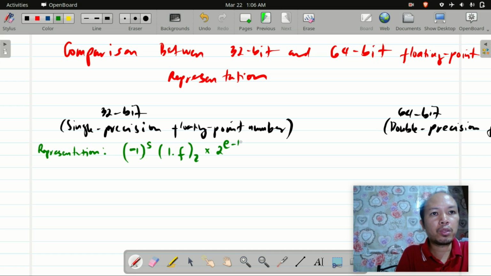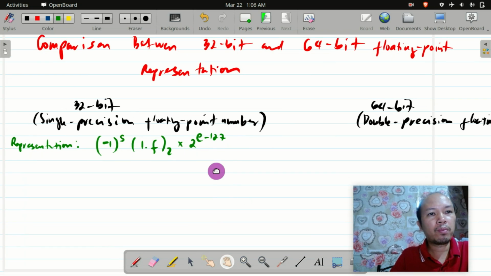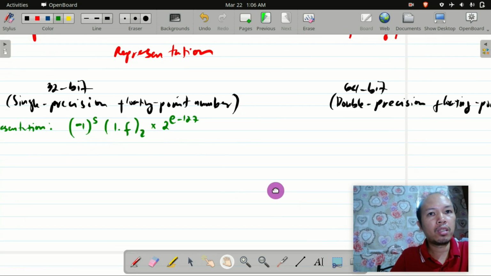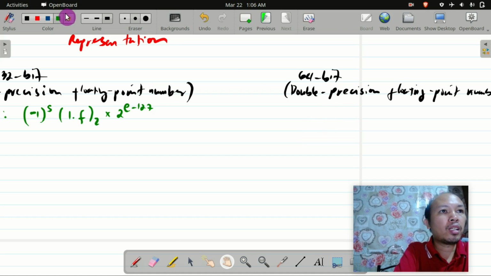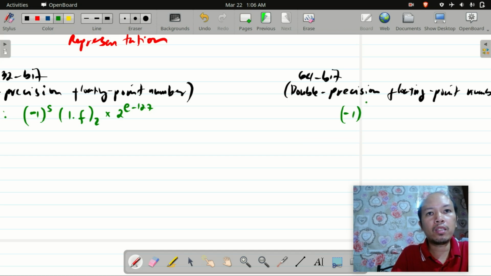So this is how you represent a number when you are using 32-bit. And in the double precision, we have -1 to the s, 1 plus the fraction, times 2 to the e minus 1023.